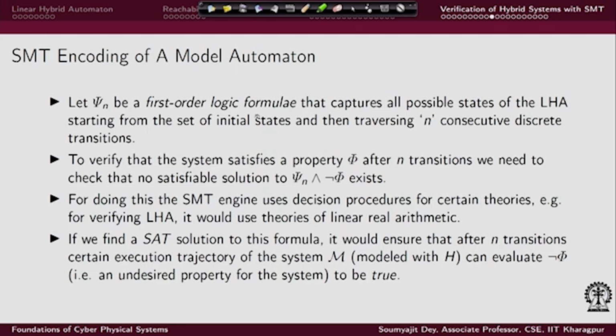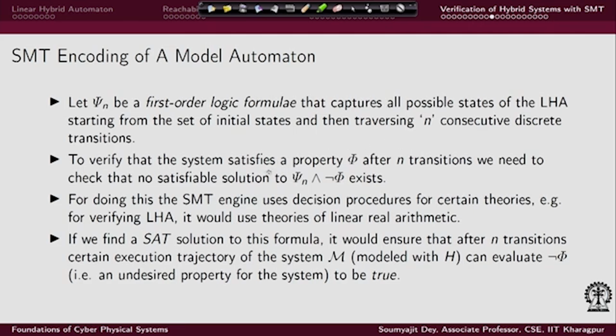The steps that we followed, if we summarize them: we are creating a first order logic formula psi n, which captures all possible states of the linear hybrid automata, starting from a set of initial states and then traversing n consecutive discrete transitions.